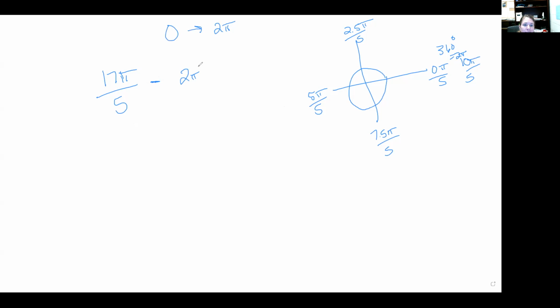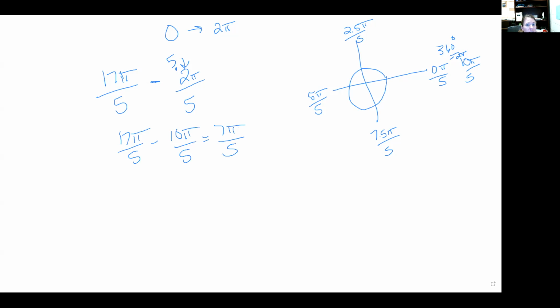To do that, I get the common denominator, which is 5, so I multiply 2 pi by 5, which is that 10 pi over 5. So 17 pi over 5 minus 10 pi over 5 equals 7 pi over 5. This is not the answer they wanted.